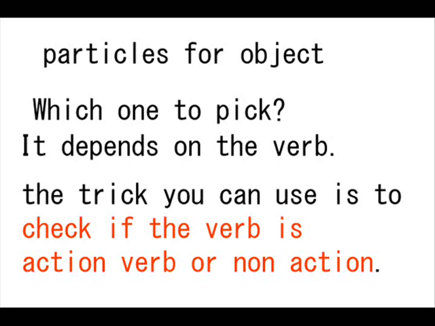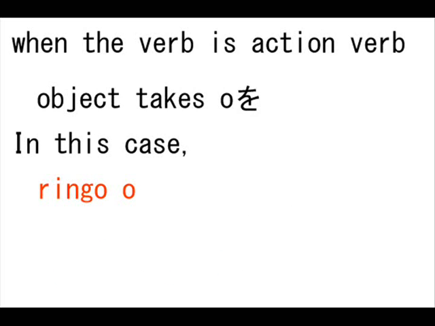Which one is the right one to pick? It depends on the verb you use. The trick is to check if the verb is an action verb or a non-action verb. When the verb is an action verb, the object always needs o. In this case, リンゴを買う.